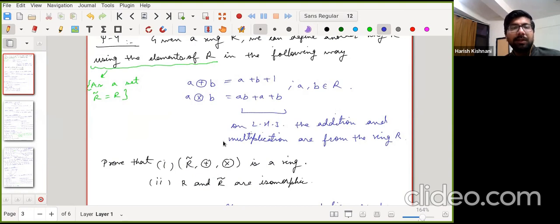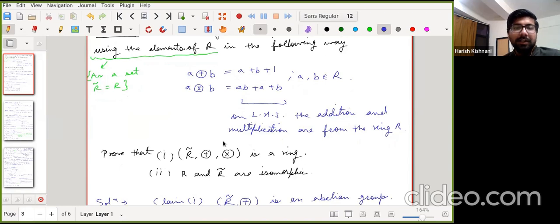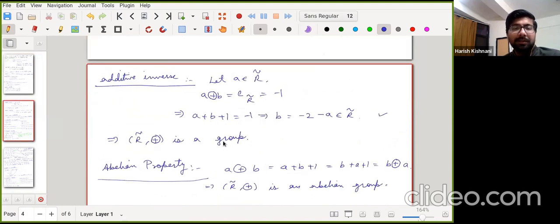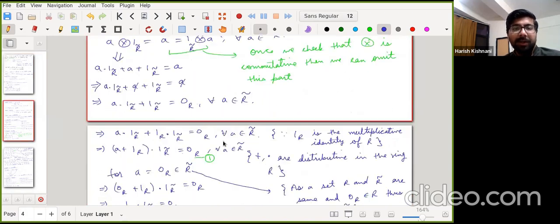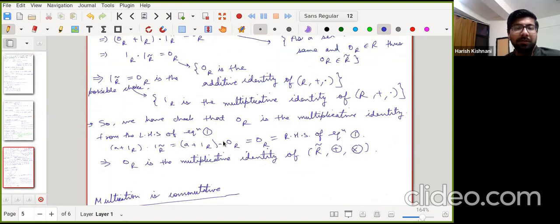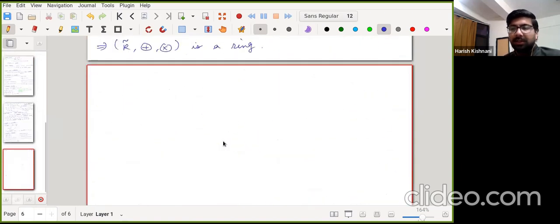The -1 of the earlier setup became the 0 of the new setup. But still, as a ring, they are the same. They are isomorphic to each other. So we are not losing or gaining anything in that sense, but we are just looking at the elements from a different ring structure. So that part is also pending, so I will try to show that before the time runs out.